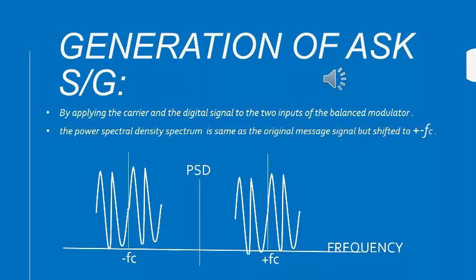What it means is, since you have already studied amplitude modulation, you would have studied how the frequency impulses of the carrier were present in the double sideband transmission. Like that, here the two impulses are present at plus fc and minus fc of that carrier. So the spectrum is shifted to higher frequency, and that was our goal.